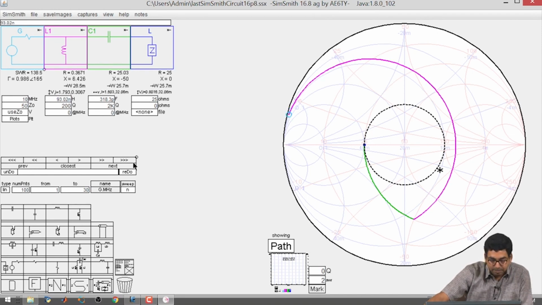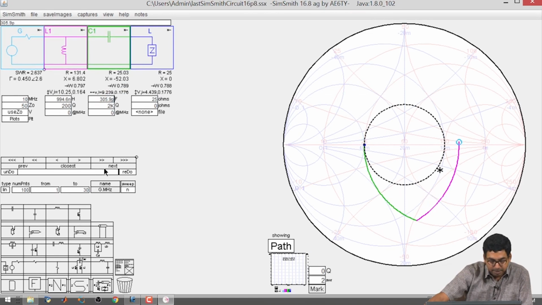So, I can start increasing the inductance to reach the horizontal axis. Then I can go to the capacitance part and manipulate the capacitance, right, to see how I can traverse.